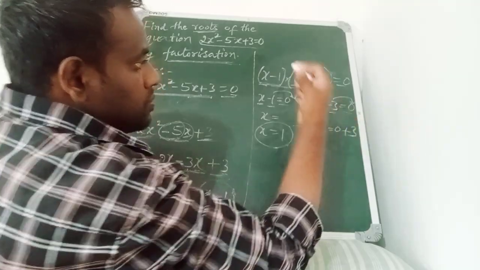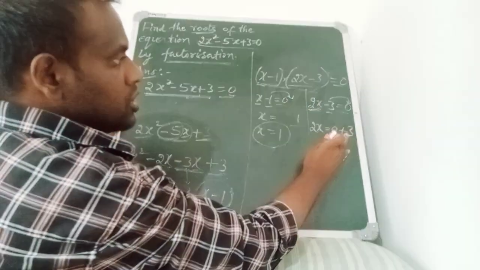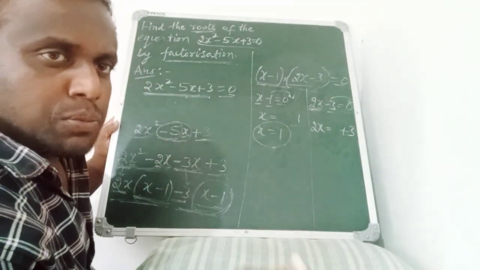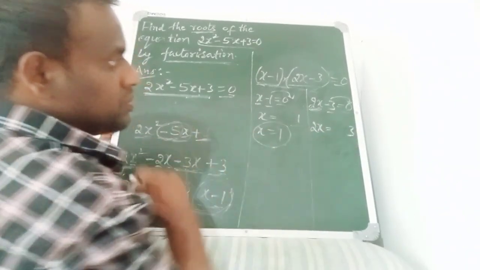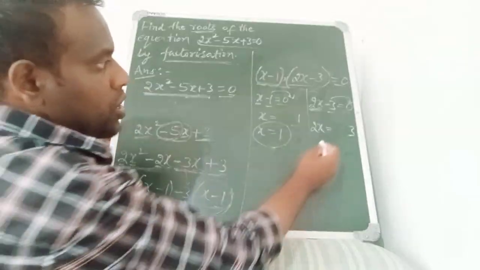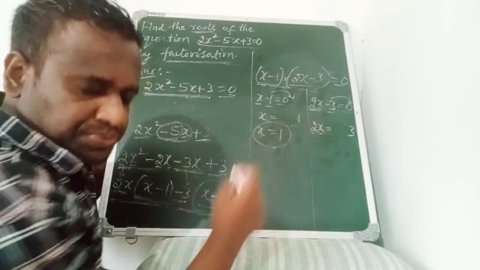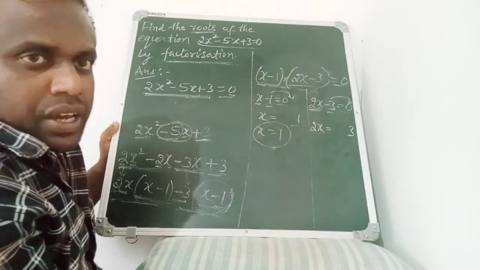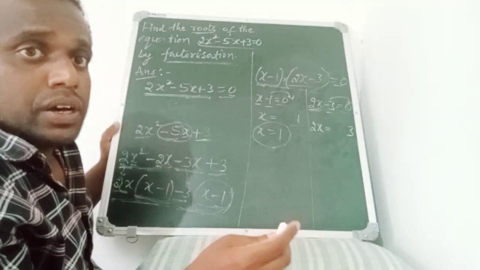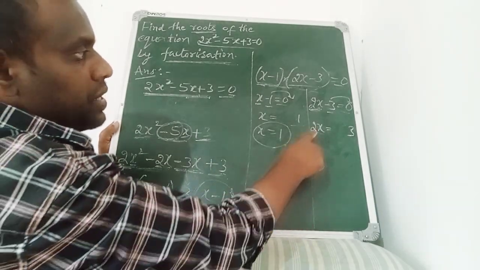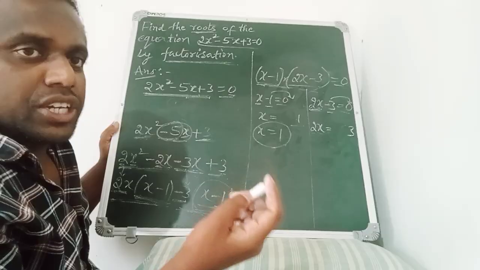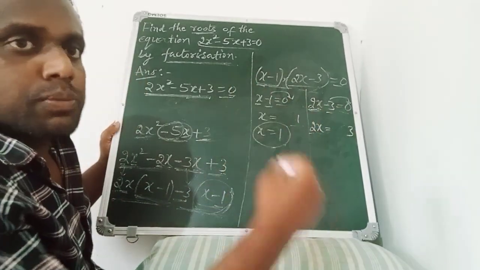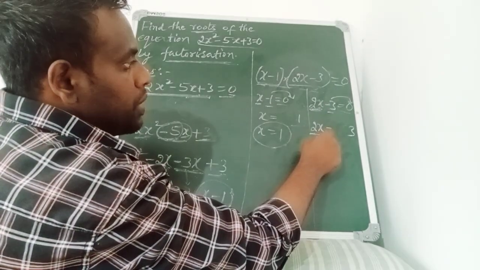Now 0 means nothing, so I can erase it. Plus 3 or just 3, both are the same. I will erase this plus also. Now we want only x, we don't want this 2. This is 2 into x. 2x means 2 into x. Because of the multiplication, to remove this 2, we need to divide both sides by 2.